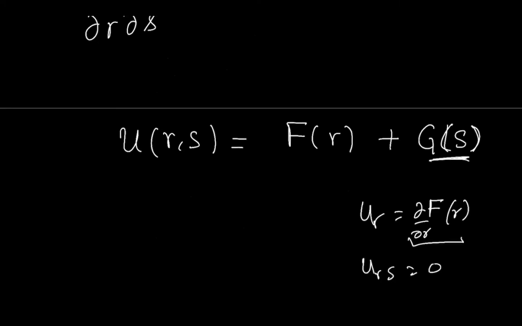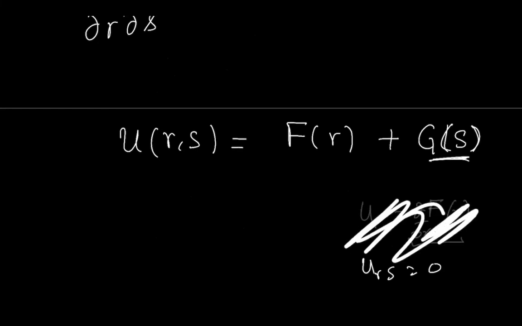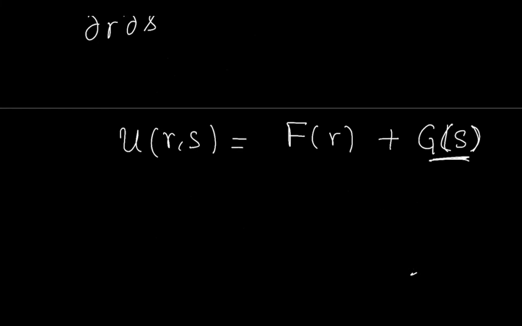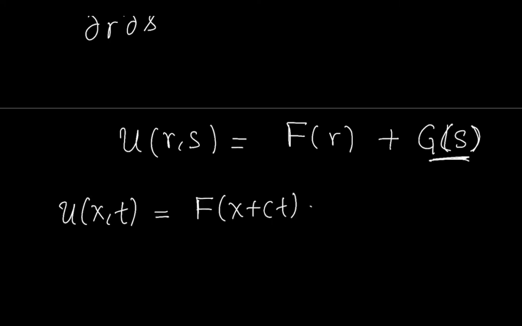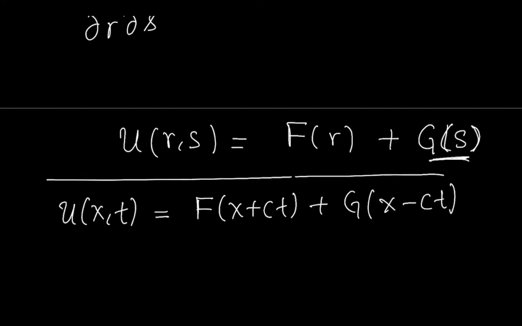So it means your formulation of the function U(R, S) should be a function of R plus a function of S. But if you plug back X and T, because R and S are functions of X and T: what is R? R is X plus CT. And what is S? S is X minus CT. So your solution looks like that.